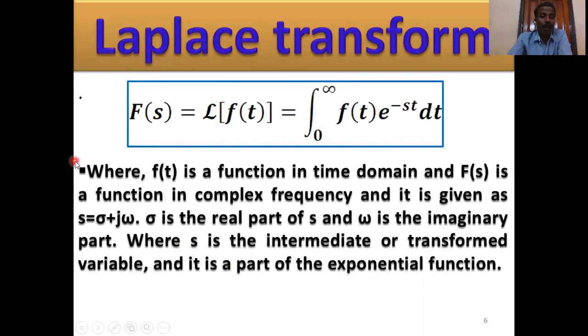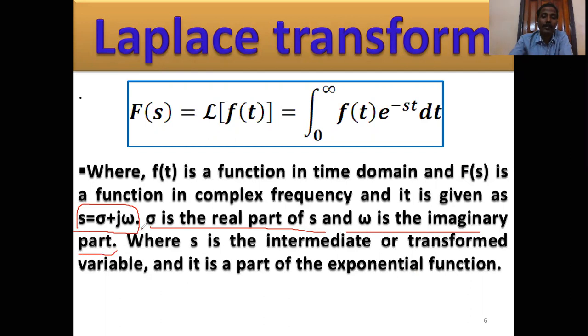Where f of t is a function in time domain and F of s is a function in complex frequency, and it is given as s equals sigma plus j omega. This is the very important part: sigma plus j omega, where sigma is the real part of s and omega is the imaginary part of s.